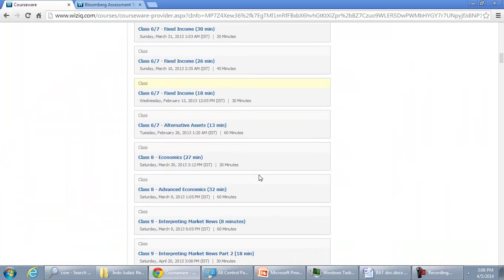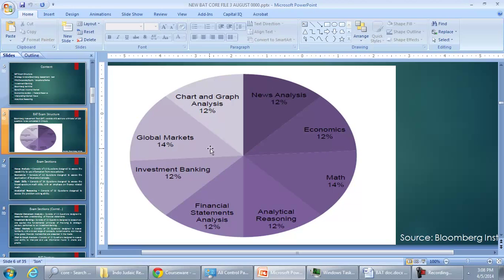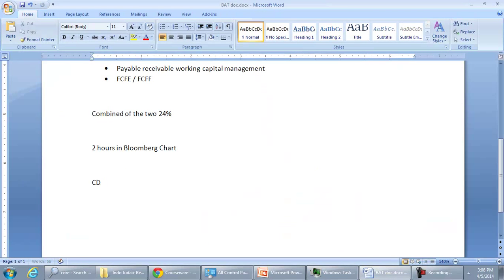Now then there is fixed income. Now fixed income you would see most of the time in the news analysis, and the reason why I am telling this is because most of the times you would have things like credit default swap, you would have topics like sovereign risk, you would have a topic like correlation between fixed income instrument versus equity instrument, how they are behaving, and how is the interest rate fluctuation and analysis.